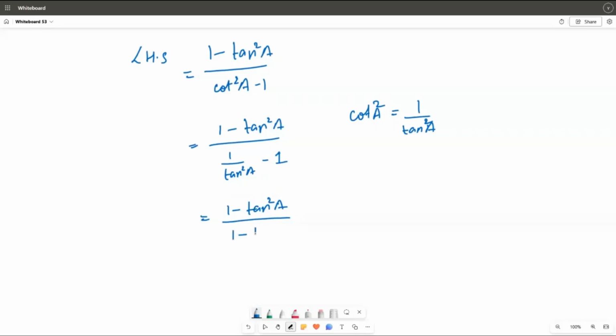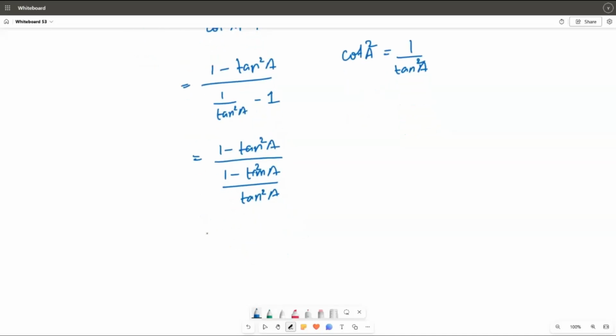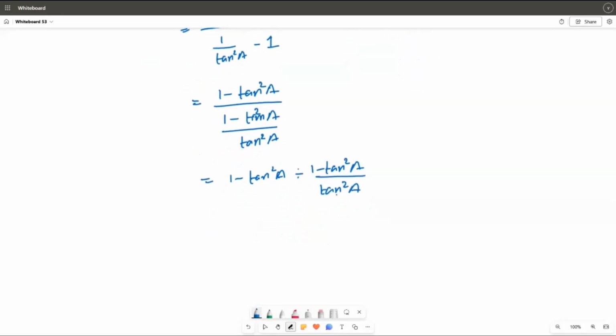So 1 minus tan square A by tan square A. And if we get confused like this, we can write it like 1 minus tan square A divided by 1 minus tan square A by tan square A. And if I change the division symbol to a multiplication symbol, I have to take the reciprocal of the second term.